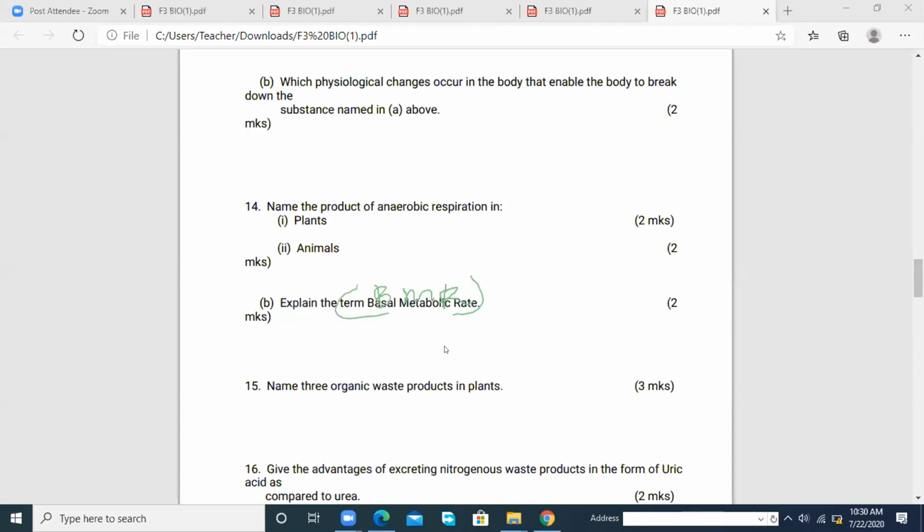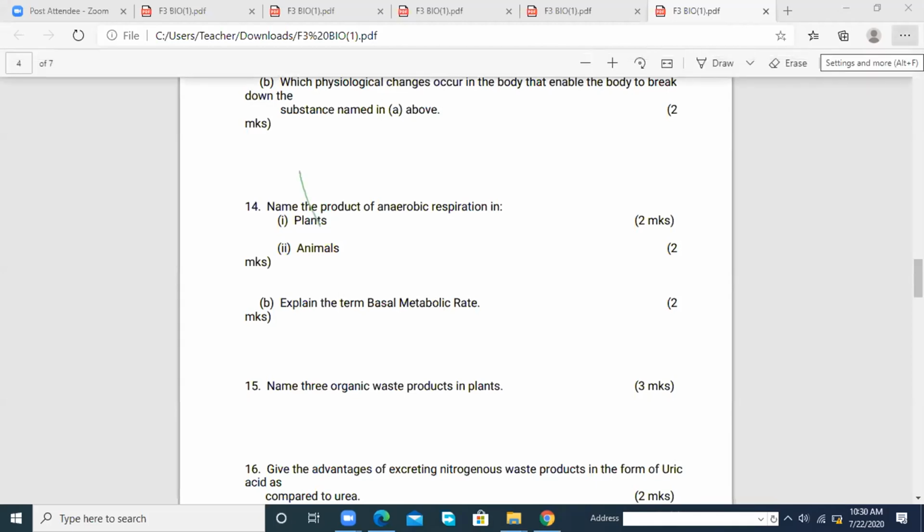Energy released when at rest. It is the energy produced by an animal when resting in order to maintain its life processes. The minimum amount of energy that is normally produced.